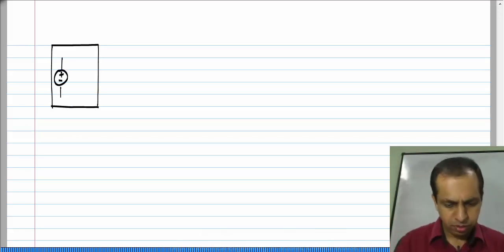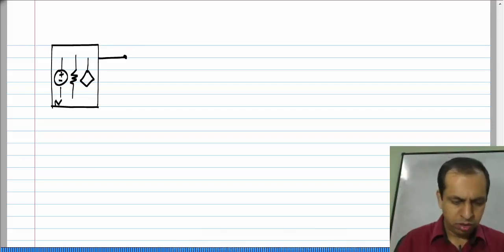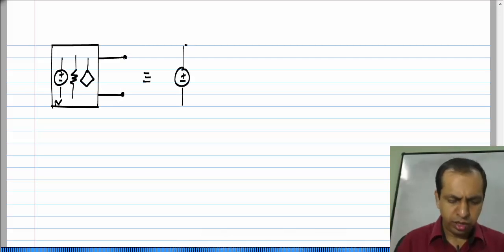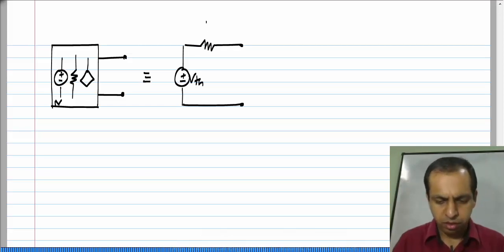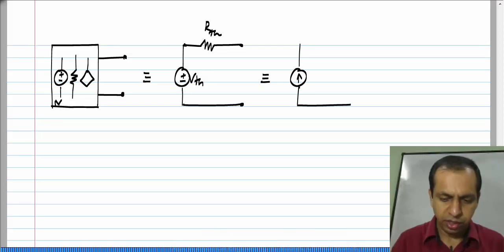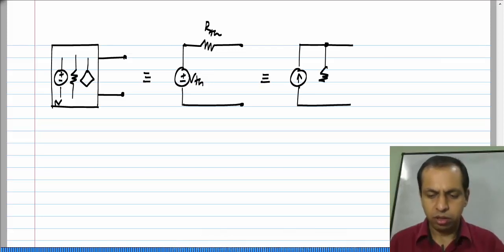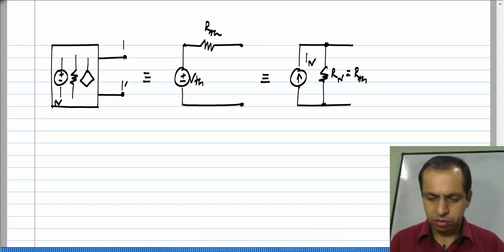Now, the same circuit N can be represented by its Thevenin's equivalent VTH in series with RTH, or by the Norton equivalent which is IN in parallel with RN.